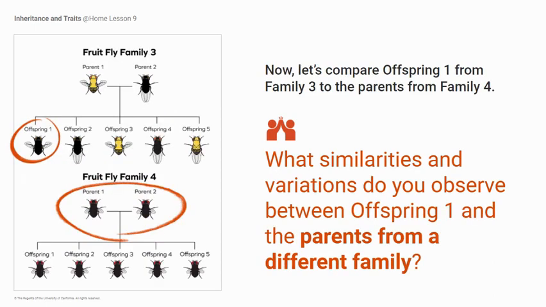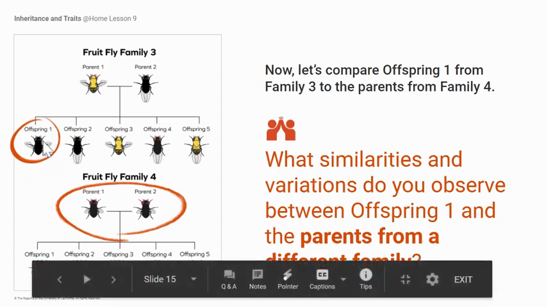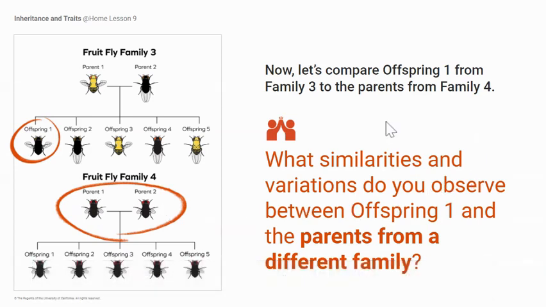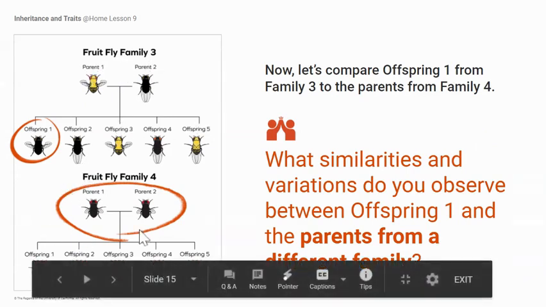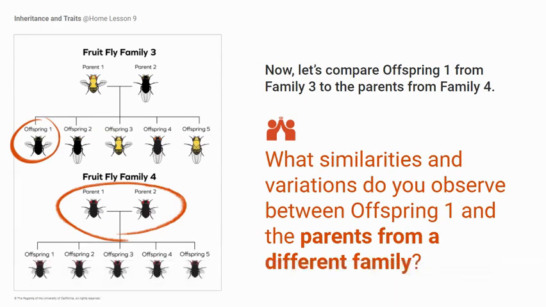Now, if I compare offspring one from family three to the parents from family four, I want to look at the similarities and variations that I see here. These are its original parents here. Not the actual parents, but then I have these parents down here. And I can see, yes, it's got the same body color, that's a similarity. Yes, it's got eyes and it has wings, but a major difference is the shape of the wings is different.